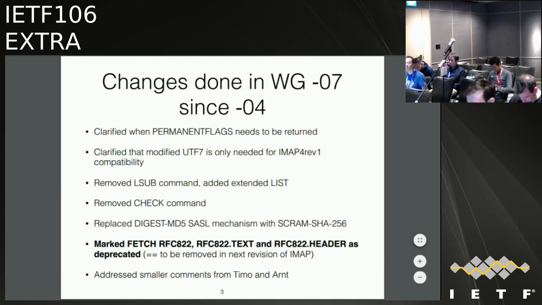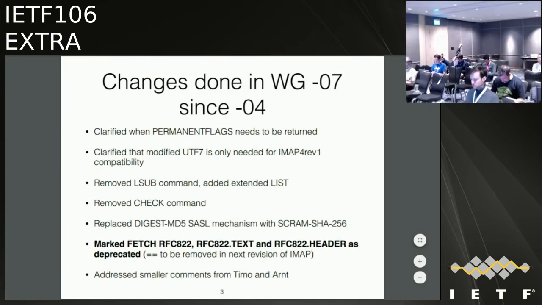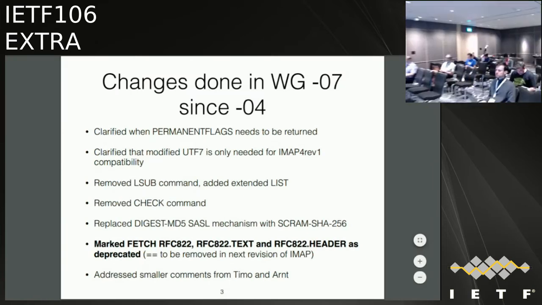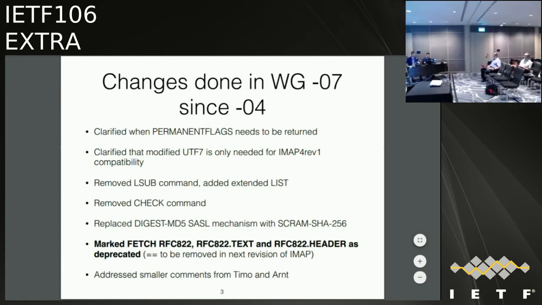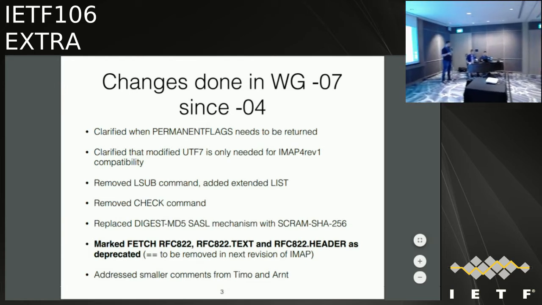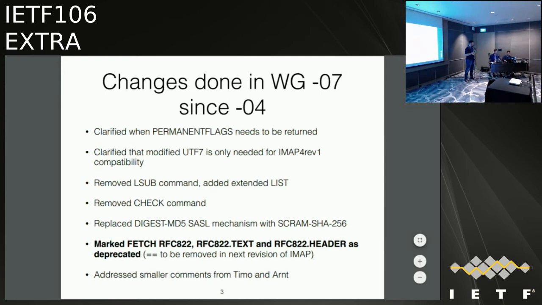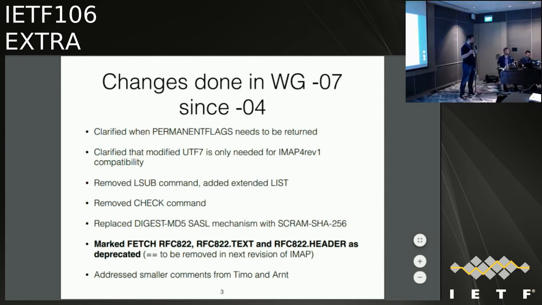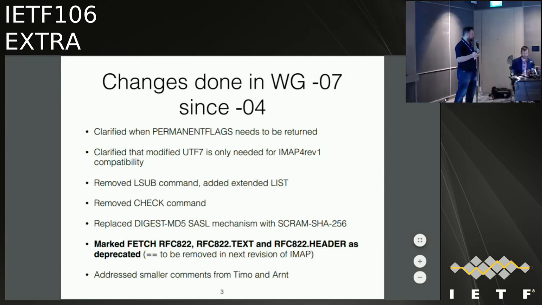One of the comments was about deprecating FETCH RFC822, RFC822.TEXT and RFC822.HEADER. It was very clear at the time what it meant, but now as I started looking at this, I wasn't entirely sure what it meant. So what the document currently says is they are accepted but shouldn't be used by the client, and they will be taken out as opposed to just being removed.